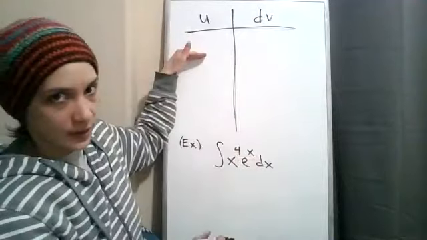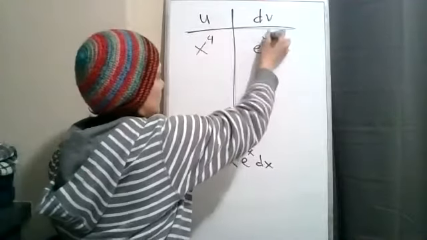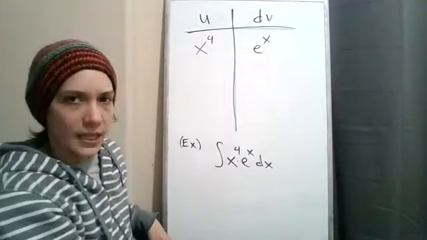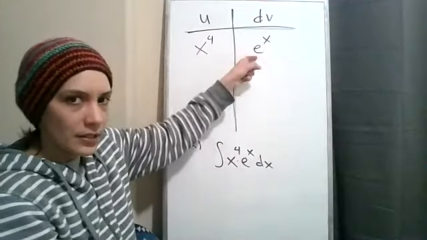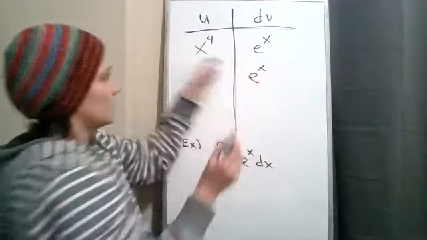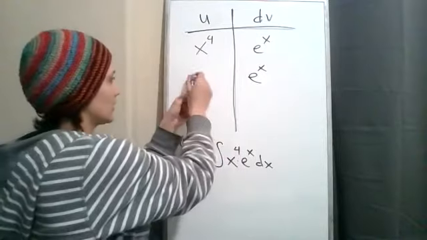And then we start with x to the 4th as your first one, e to the x over here. And this is easy. We integrate here and get e to the x. Derivative on that side, so 4x cubed.